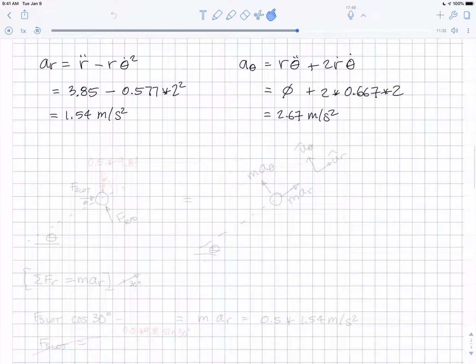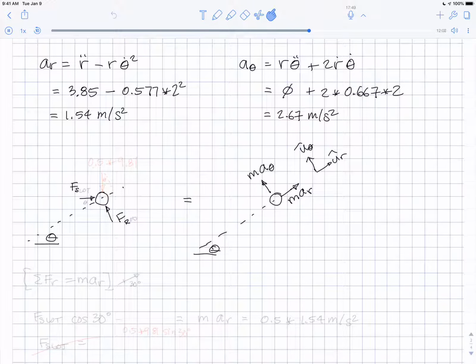Because this recording thing can't scroll up or down very easily, I'm going to copy the free body diagram and paste it back down here. I'm going to pause again. Okay, here's that free body diagram that I drew earlier. What we have to do now is take x and y components, or r and theta components, however we want to do it.